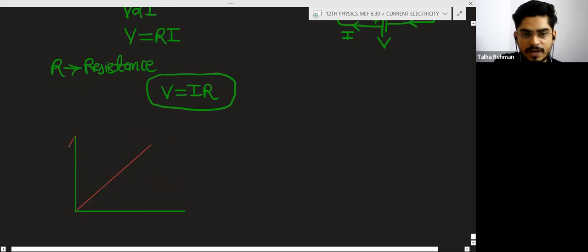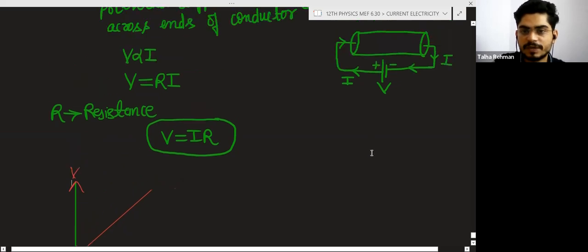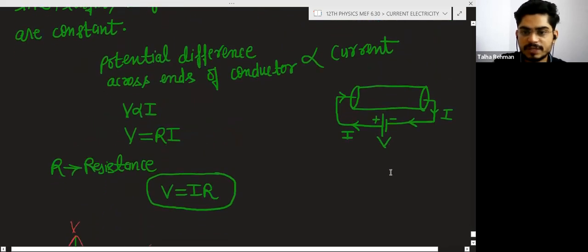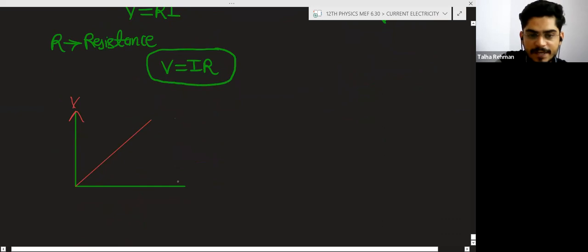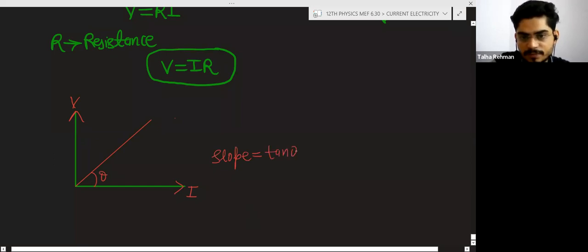So this is the graph where V is the potential difference across the ends of the conductor, and I is the current flowing in the conductor, and the slope of this graph will give you the resistance. Slope is equal to tan theta, means you will get a straight line making an angle theta, and if you take the tan of that theta, you will get the slope, and the slope is the resistance.